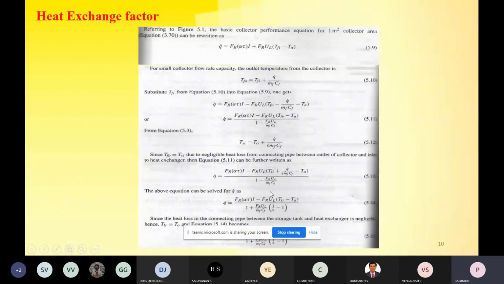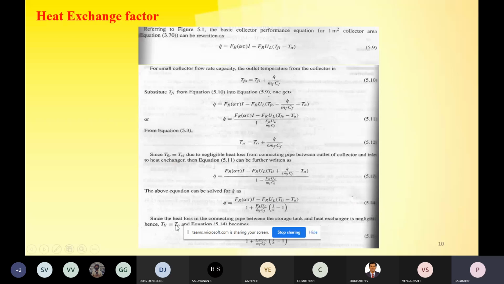The whole heat transfer rate will be the difference between the load input and the small stream input, so from that we get TSI. If you consider negligible heat loss from the collector pipe, TFO will be equal to TSI in this equation. If you substitute this TSI value here and do the mathematical steps, you get equation 5.14, I guess.